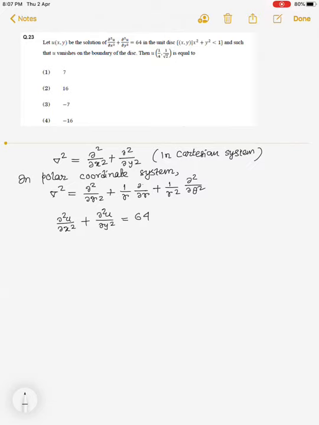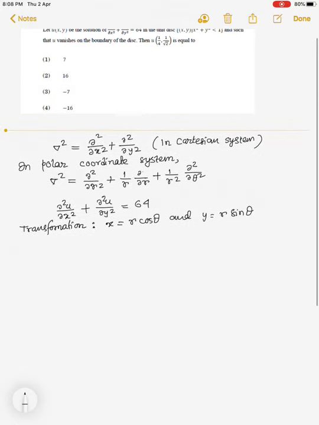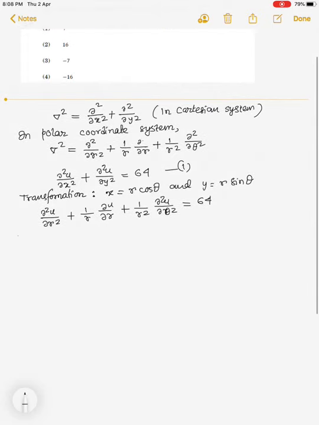If we transform this equation into polar coordinate system using the transformation x is equal to r cos theta and y is equal to r sin theta, then equation 1 reduces to del 2u del r2 plus 1 by r del u del r plus 1 by r square del 2u del theta 2 is equal to 64.